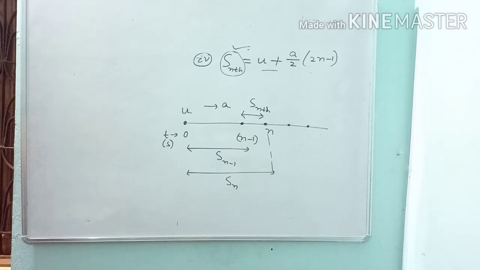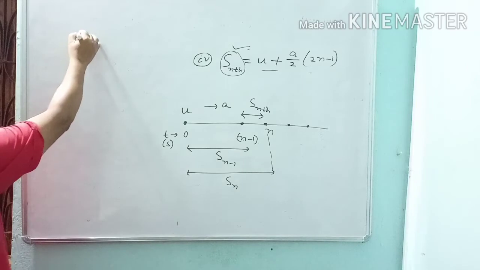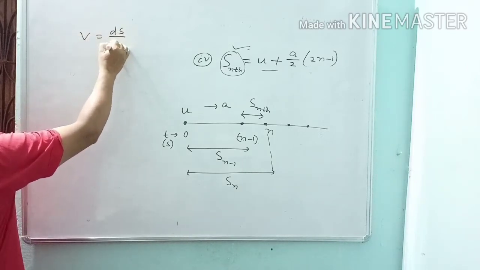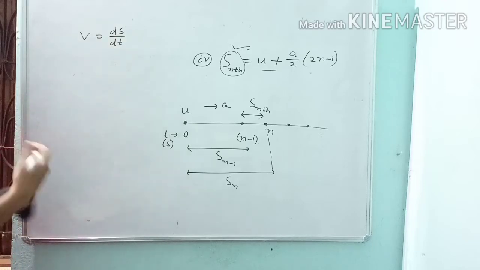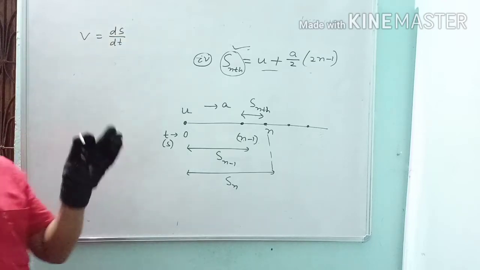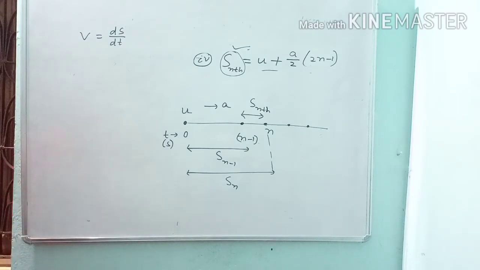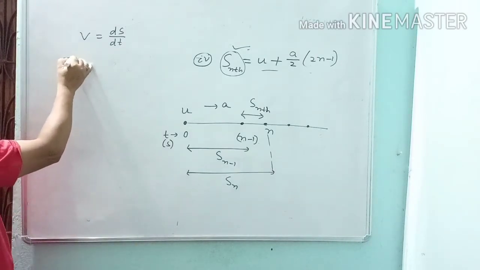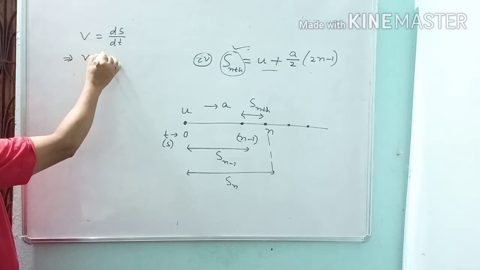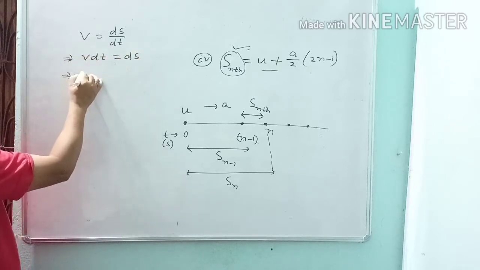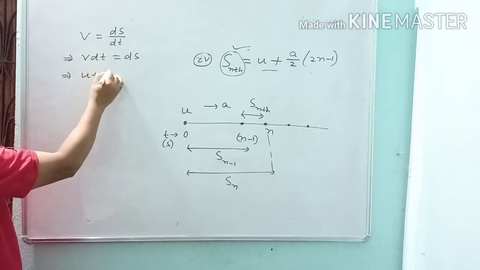We have v = ds/dt. Like your second equation, you can derive it, but here the limit is changed. So that gives you v dt = ds. Already you know v is u + at.